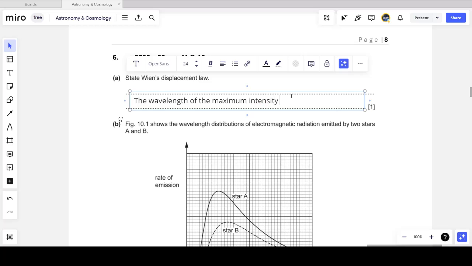Intensity of radiation by a body, you can say, is inversely proportional to the body's thermodynamic temperature, or absolute temperature is also fine. Temperature measured in Kelvin. So that's Wien's displacement law in words.